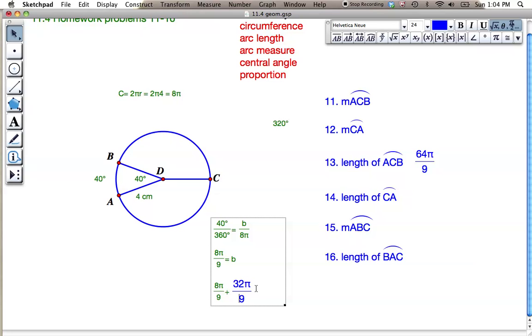And these have common denominators, so your final answer is simply going to be 40 pi over 9. We know that because pi is kind of like a like term, and we're adding like terms. If I have 8 pi's plus 32 pi's, I'm going to get 40 pi's. And it's all going to be over 9.